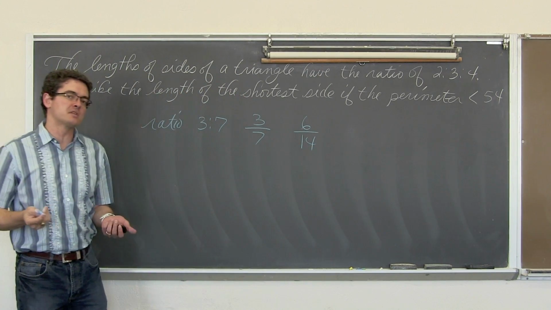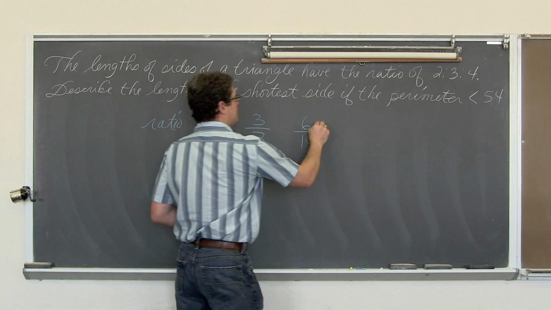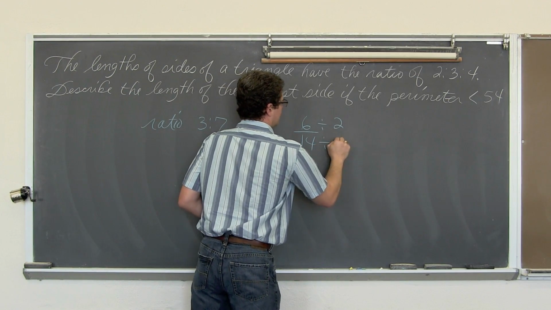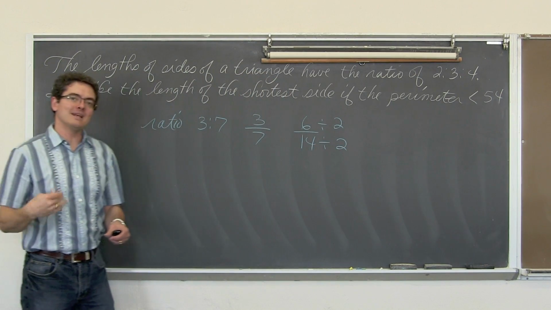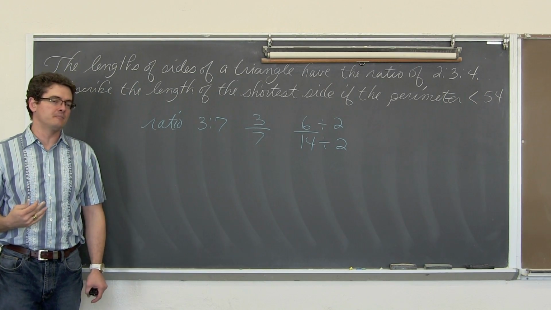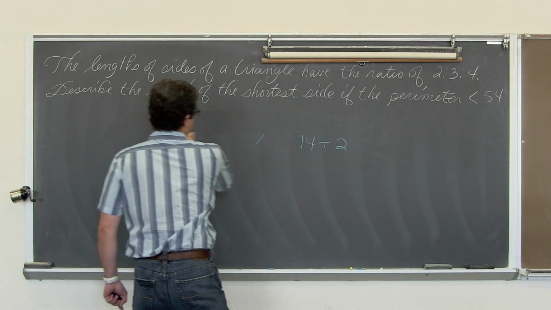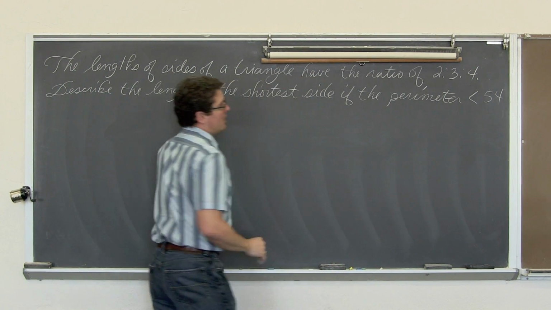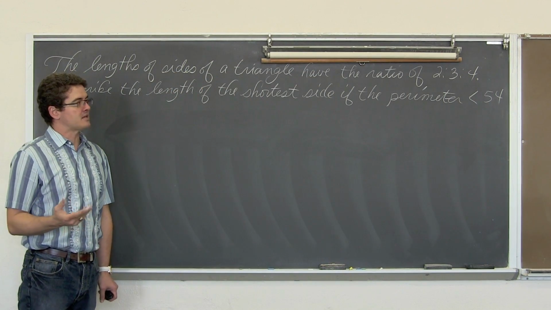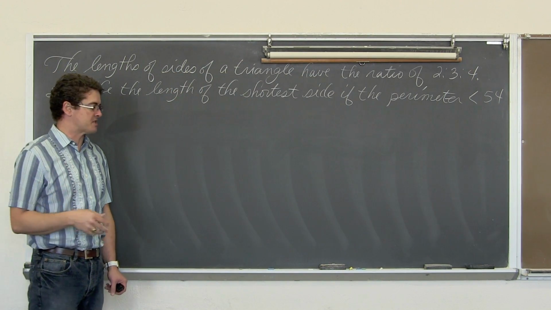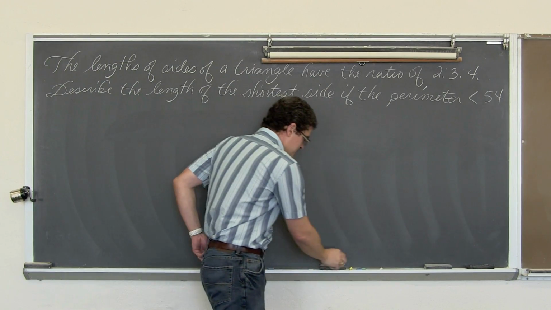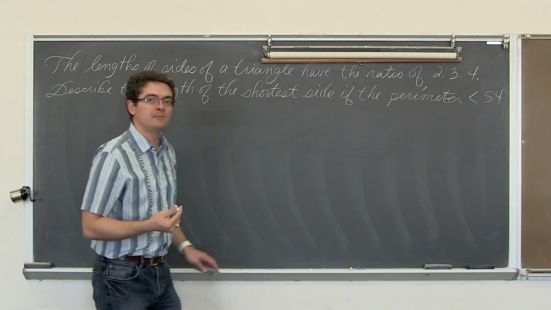But since both of those numbers are even, it can be reduced by a factor of 2 to get down to that 3 over 7. So when they say the sides have a ratio of 2 to 3 to 4, that doesn't mean that's the actual lengths of the sides. That's basically the reduced ratio.